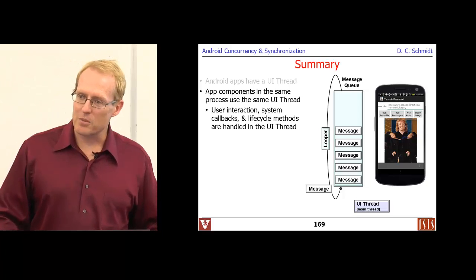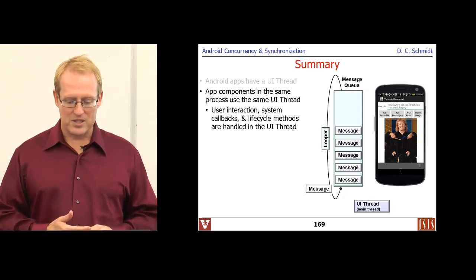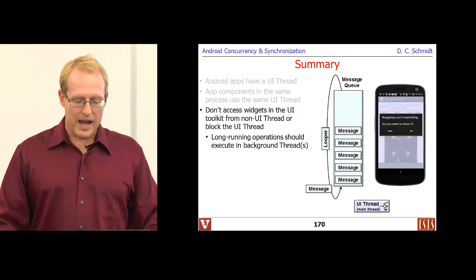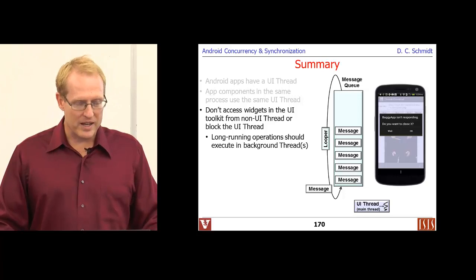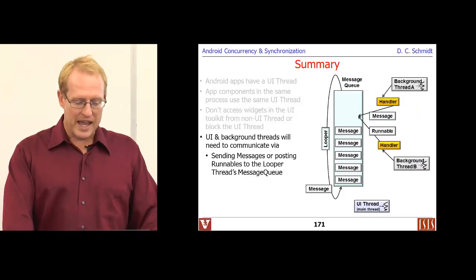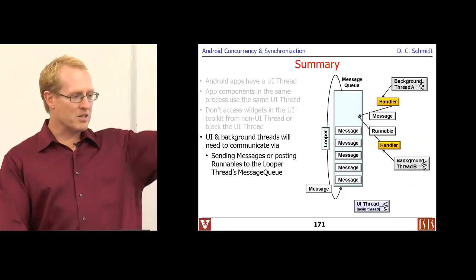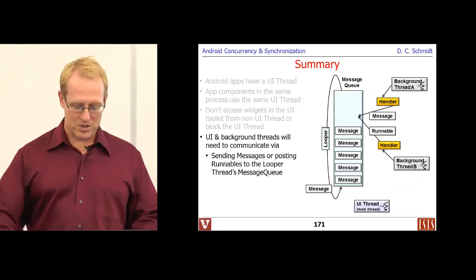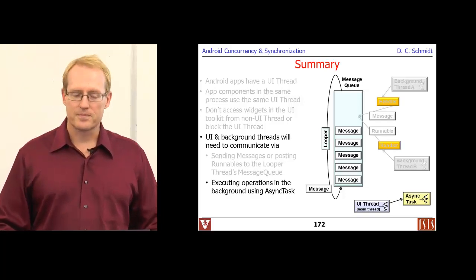The various lifecycle methods on activities and services, those are handled through the UI thread, and so on and so forth. Remember, don't access your widgets from anything other than the UI thread, and don't block the UI thread, so use these other mechanisms to do that. And essentially, when you need to communicate, use handlers and messages, or handlers and runnables, and you can also use async tasks that we'll talk about in just a second.